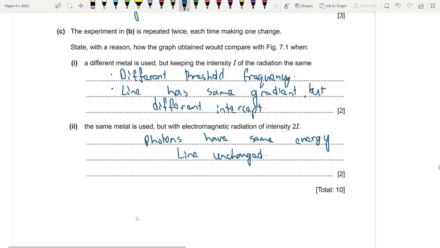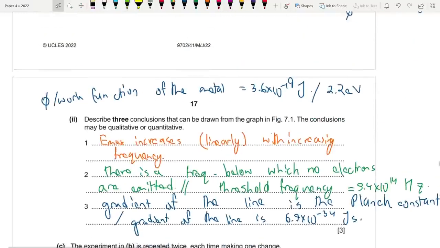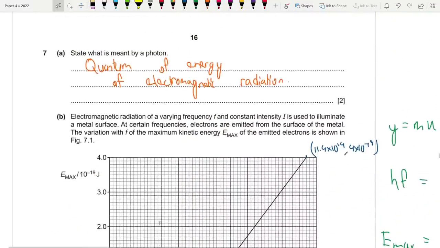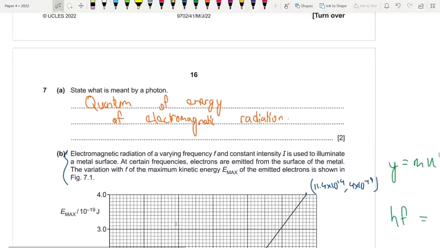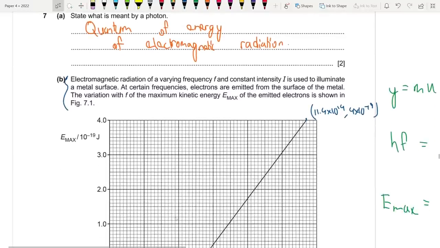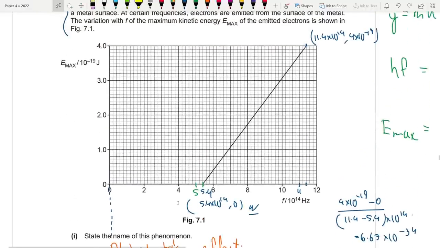But the key point is we used electromagnetic radiation of double the intensity. So what was the question over here? Electromagnetic radiation of a varying frequency and constant intensity is used to illuminate a metal surface. Intensity depends on the number of photons per unit time and the frequency. As we increase frequency, do you know what happens?